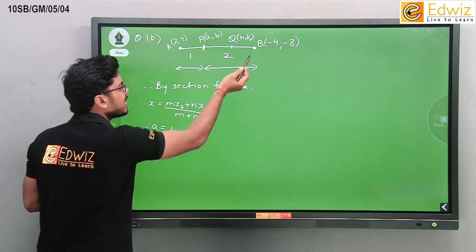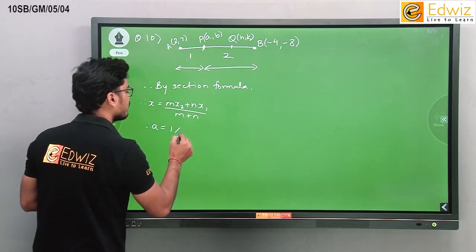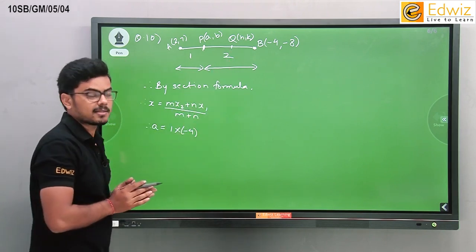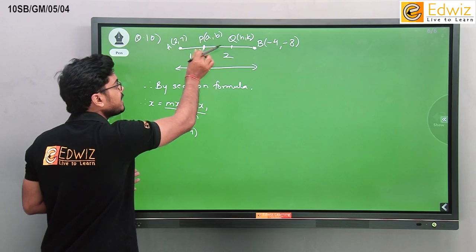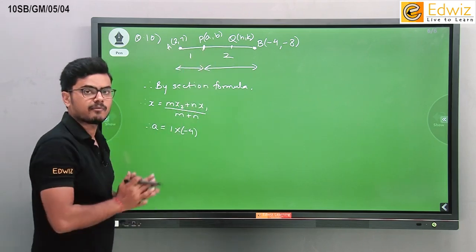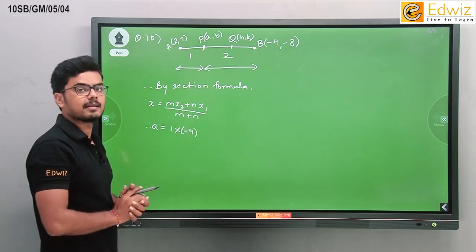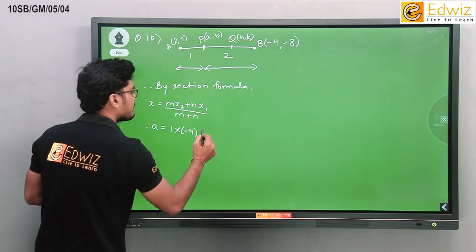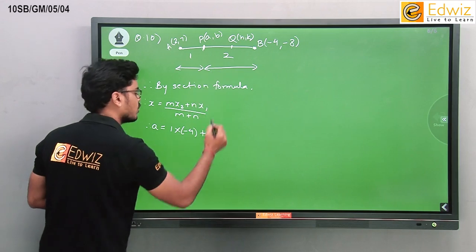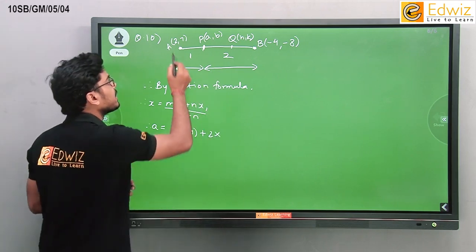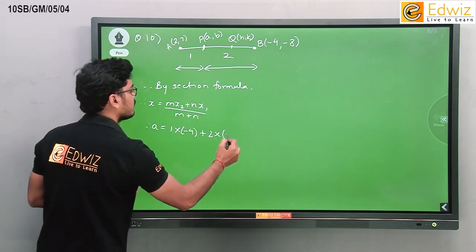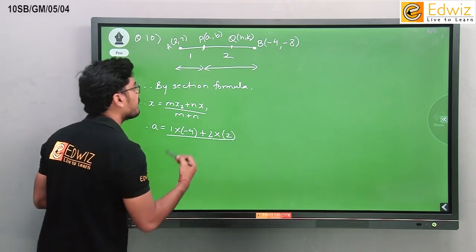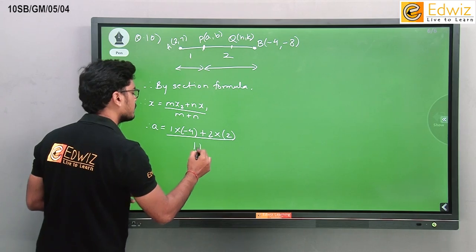This is m multiplied by x2, that is minus 4. Remember, we have to totally ignore point Q now because we are just finding out point P between A and B. We are doing this with the section formula as we normally do, okay. So x will be 1 into -4 plus n here is 2 multiplied by x1 is 2, divided by m plus n, that is 1 plus 2.